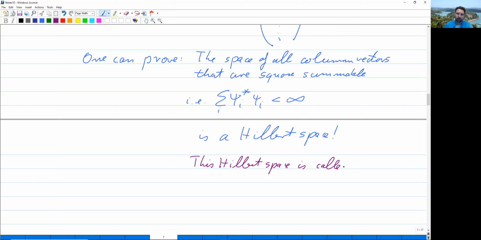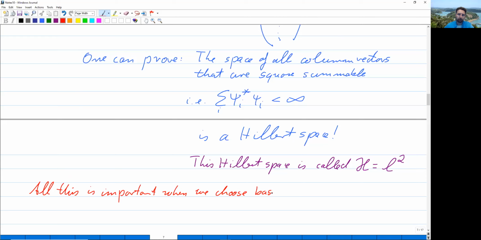It is called little l2, the Hilbert space of square summable sequences. All of this will be very important when we choose bases.